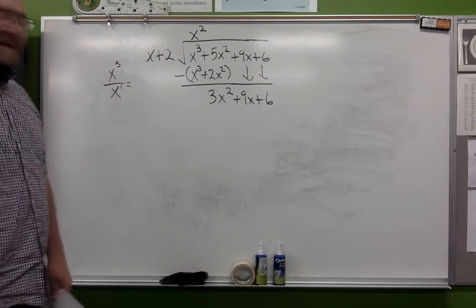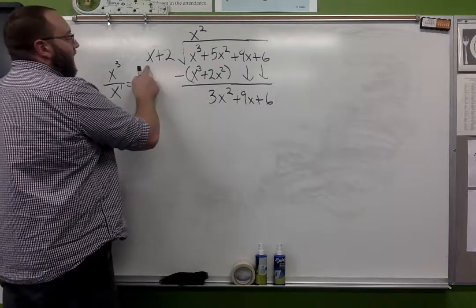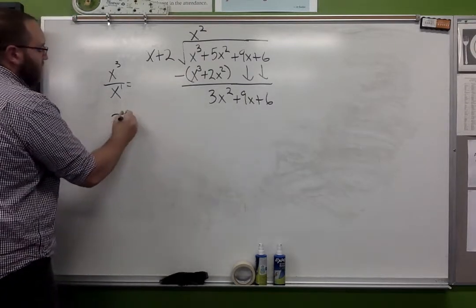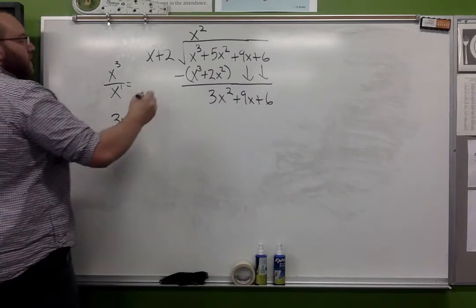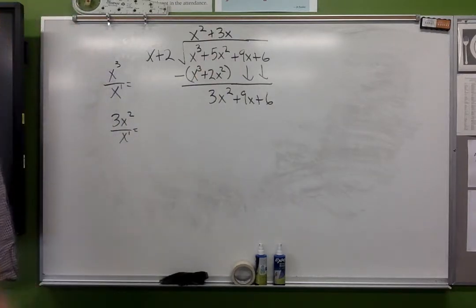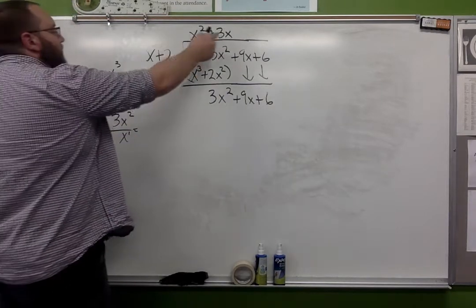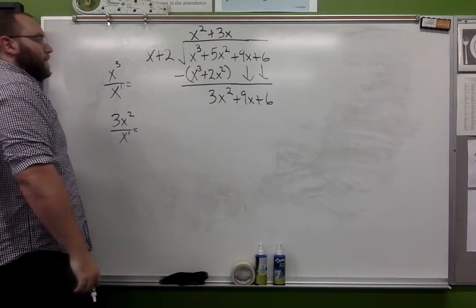Right, and we get to do it again. So, 3x squared divided by x. 3x squared over x, 2 minus 1 is 1. So we have 3x. Or x times 3x is 3x squared. Whichever way you want to think about it.